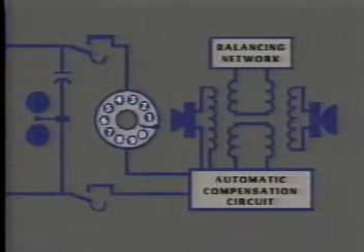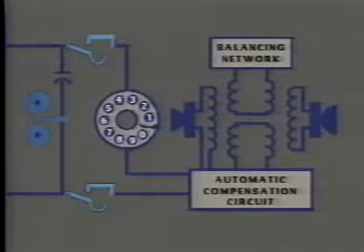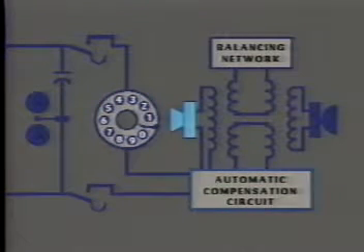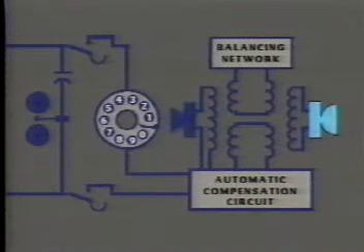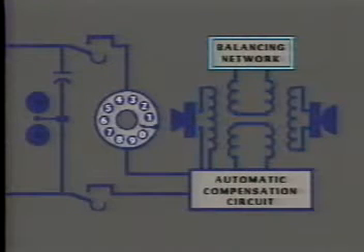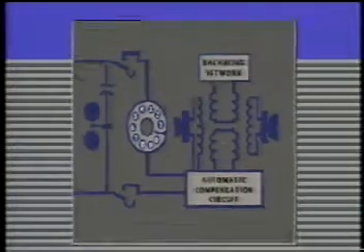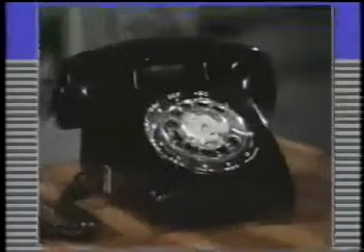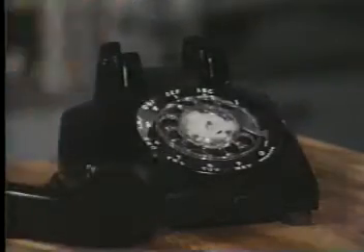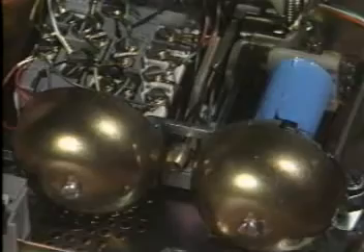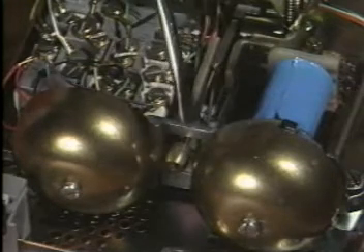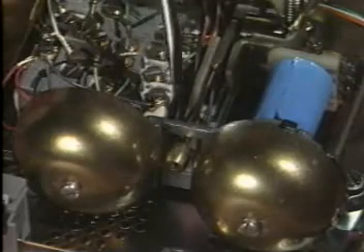Referring to the simplified diagram, these items include the ringer, switch hook, dial, automatic compensation circuit, transmitter, receiver, induction coil, and balancing network.